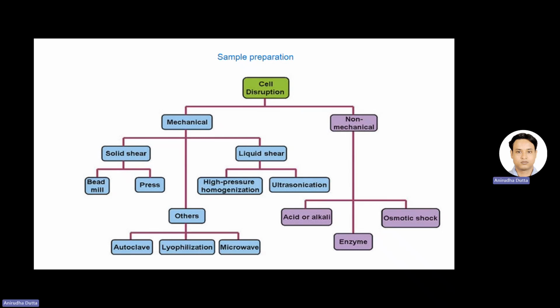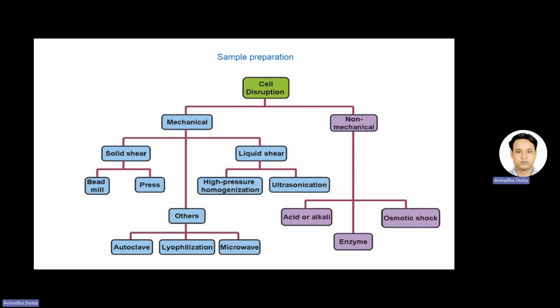For non-mechanical processes, most of the time we do enzyme lysis or detergent lysis, because acid or alkali can also lyse cells, but that is also bad for the stability of the protein. We already discussed that we don't want to change the pH to a very extreme low or very extreme high, so that the protein would get denatured.